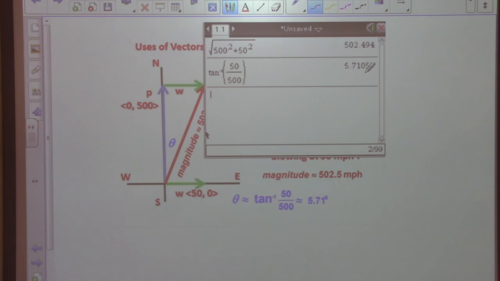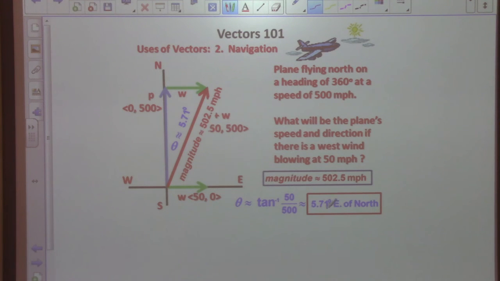And here it is, about 5.71 degrees. So finally, in direction we say 5.71 degrees east of north is how we finalize that.